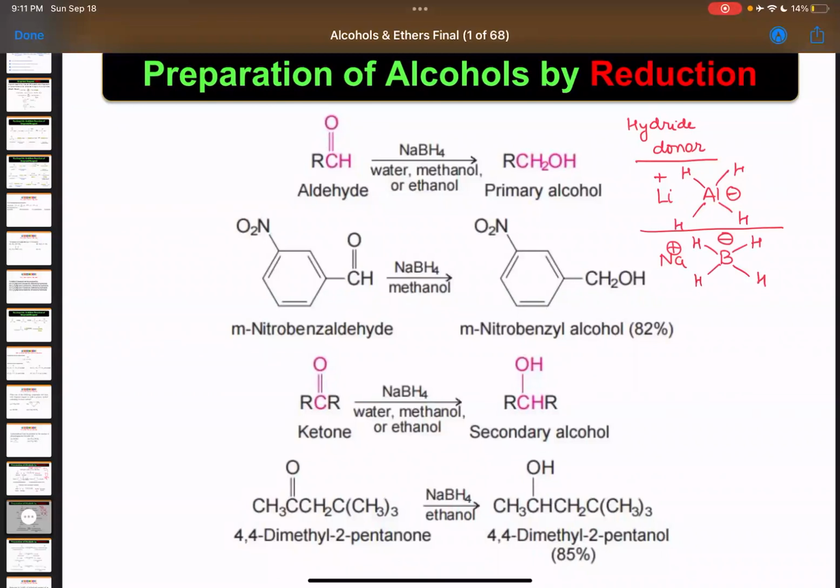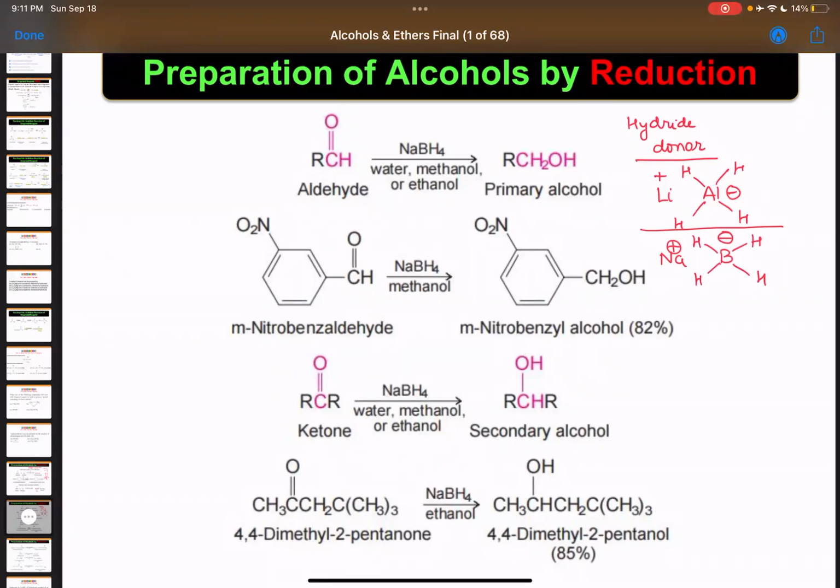Yes, Amara, tell me, which one is the stronger reducing agent? LAH is stronger. And what is the complete name for LAH? It is lithium aluminum hydride, and this is NaBH4, sodium borohydride, right?